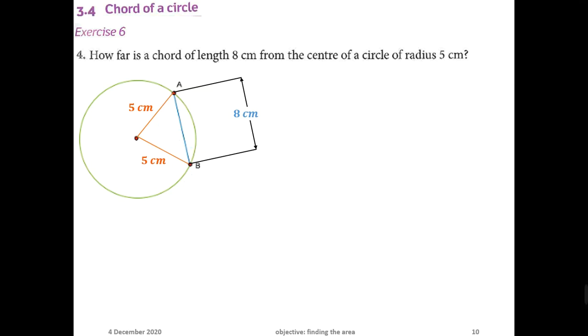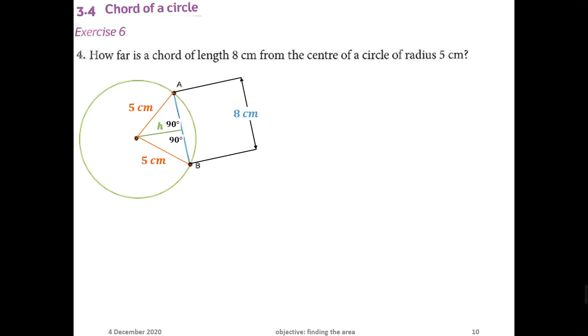So once again, if we draw a line from apex C, or from the center of the circle down to chord AB, as following, and let's name this distance of chord AB to the center of the circle as H. The angle, as I explained, the line from the apex or from the center of the circle down to the chord is perpendicular on the chord.